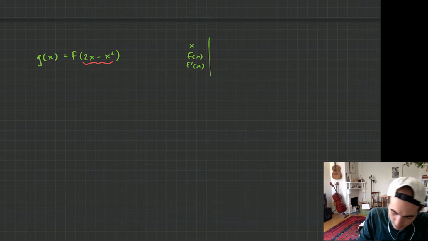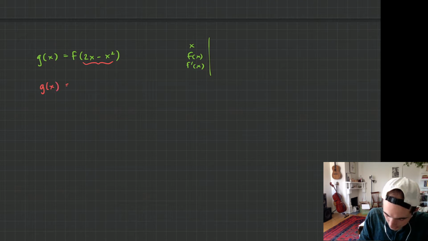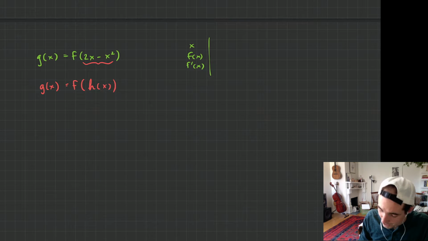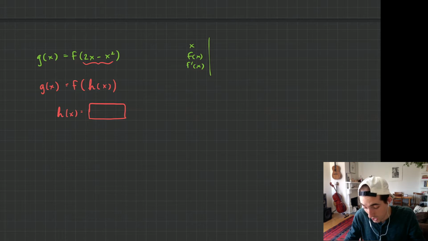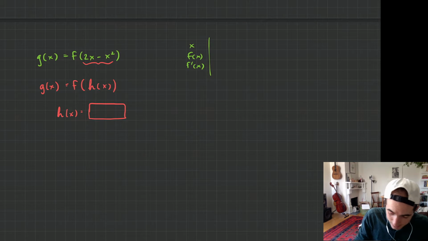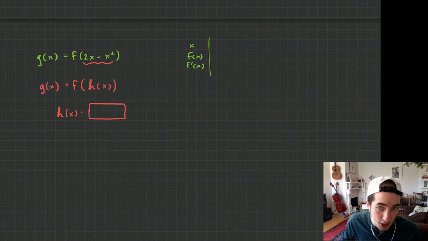And this is how I solved it. I said, okay, well, I wonder if I could write this as a composition of functions. Is g of x actually a composition of functions? Could I write it as f of h of x, where h of x is something, right? And then if you wanted to take the derivative, you could use the chain rule.